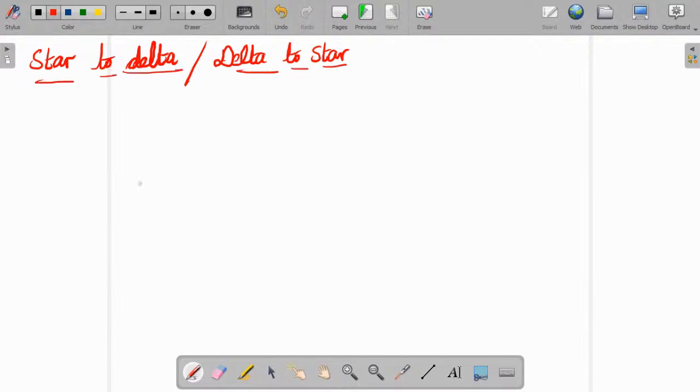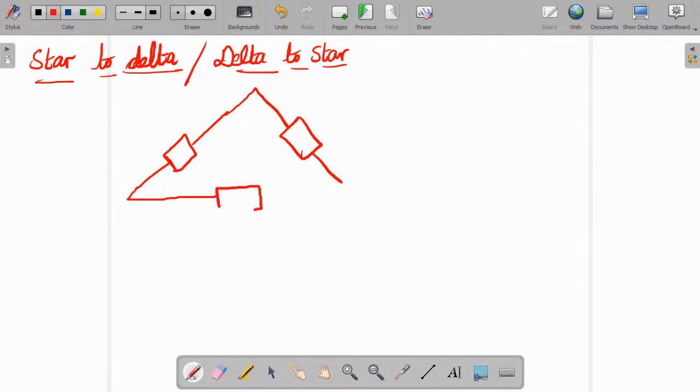Okay, so let me draw a delta network. Let the impedances be ZA, ZB and ZC.